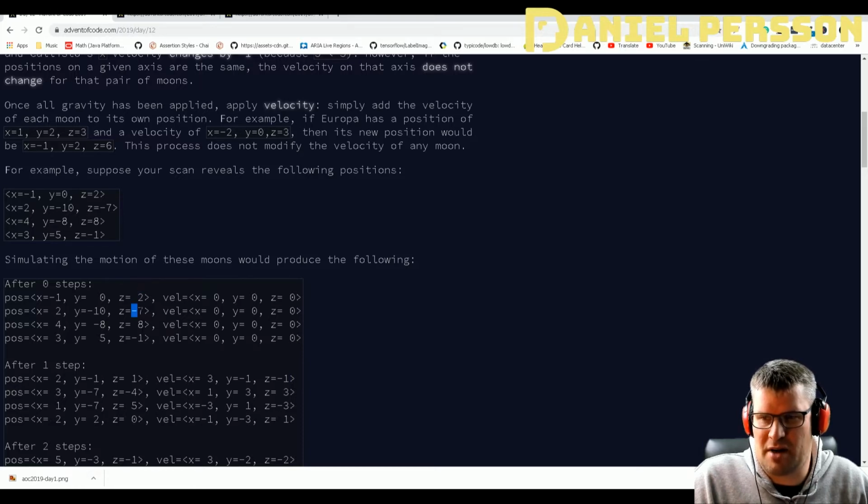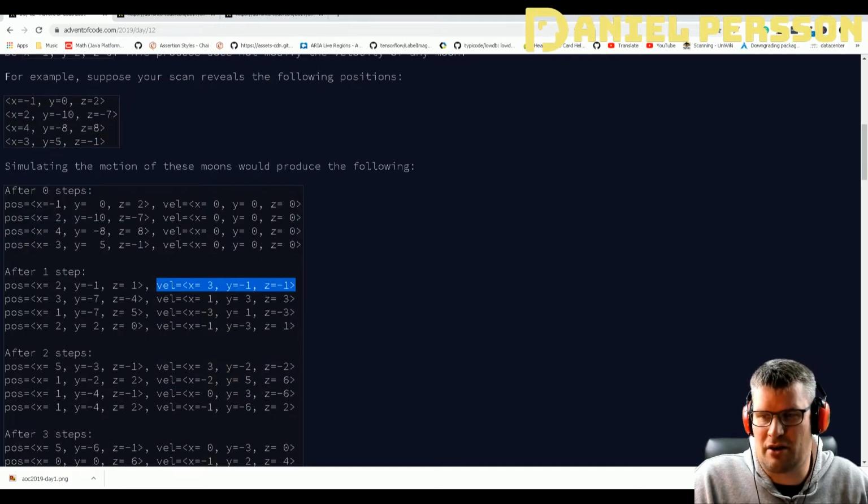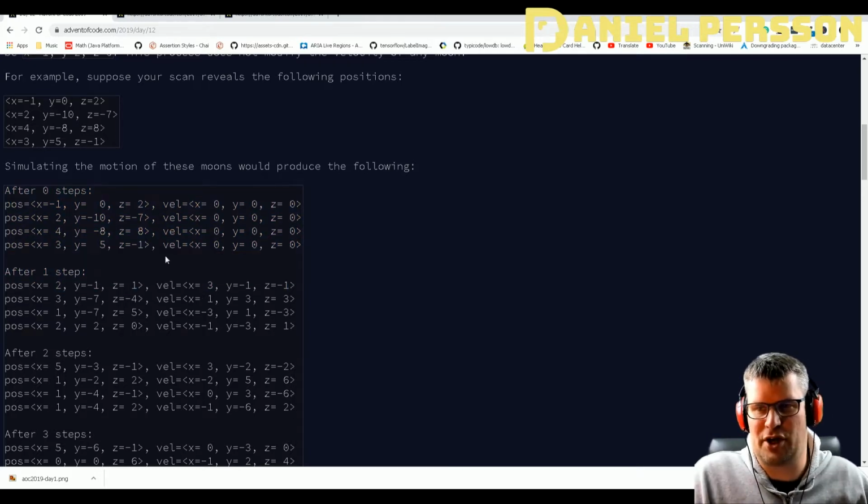And here we have minus 7, 8, and minus 1, and that's also minus 1. So this is the velocity it will create. And then on the next line here, we will see that we go from minus 1 to 2, so that's these 3. We go from 0 to minus 1, it's minus 1, and then we go from 2 to 1. So this is the fully updated step in the first iteration here.